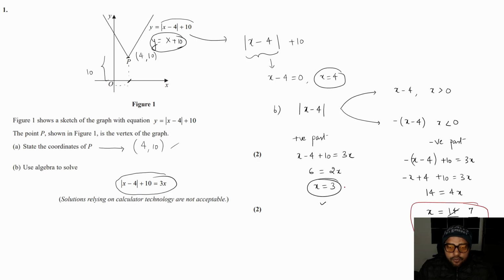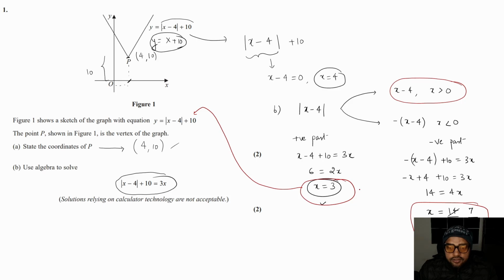Why is this so? Why will I not take x equals 3? Because when x is equal to 3 and we substitute this value in this equation, it will be a negative value: 3 negative 4 will be equal to negative 1. So negative 1 is in the modulus, but here we have taken that x is greater than 0.